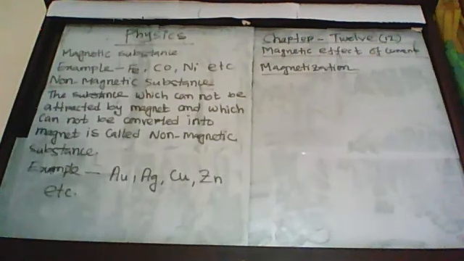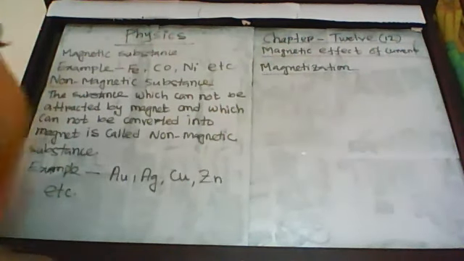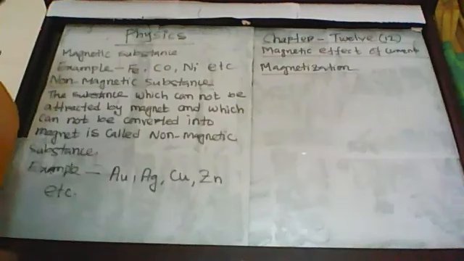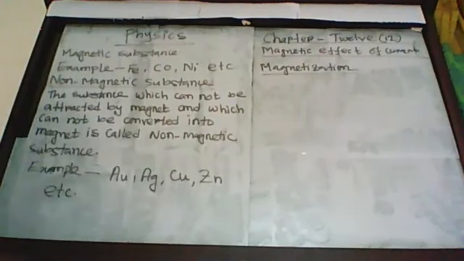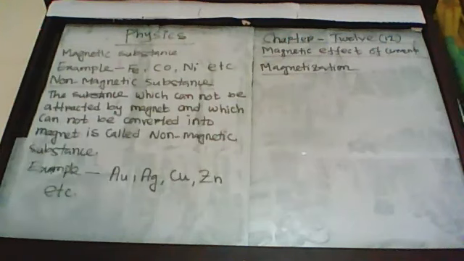When you want to convert a magnetic substance into magnet, the process that you use is called the magnetization process. So the magnetization process is a very special type of process. In this way, we can convert a magnetic substance into magnet. So in this step, I'm going to discuss the magnetization process by the electrical method.